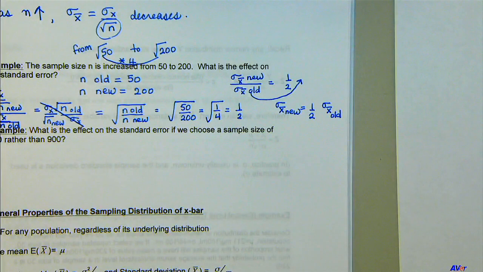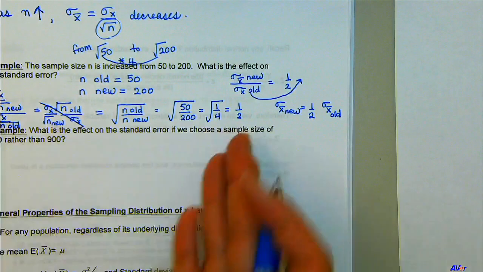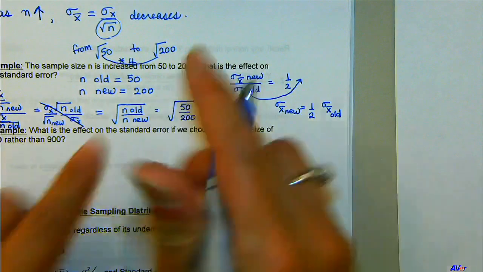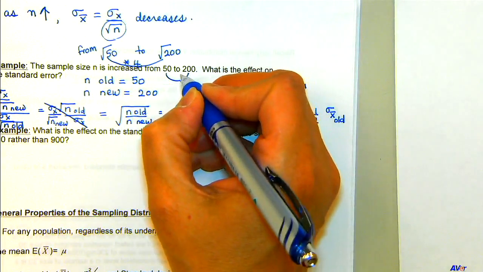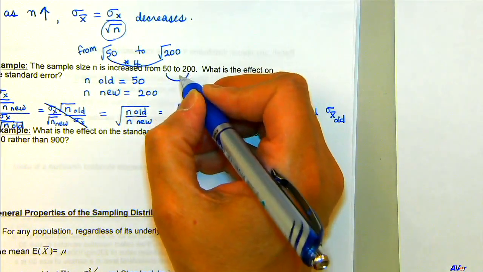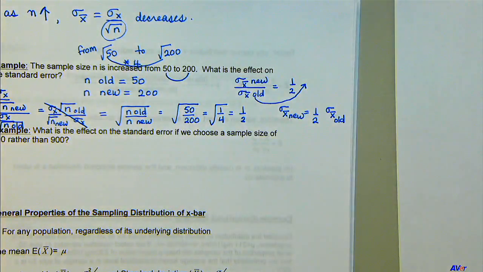So I'm saying that the new standard error will be 1/2 times the old standard error if you quadruple the sample size. So you can do this, or you can just eyeball it and say, this is a factor of 4 in going from 50 to 200, and because this 4 will sit in the denominator, I will now have 1 over rad 4 as my factor.